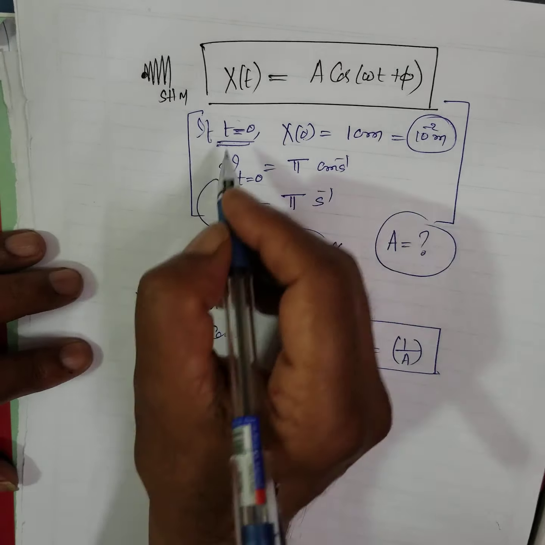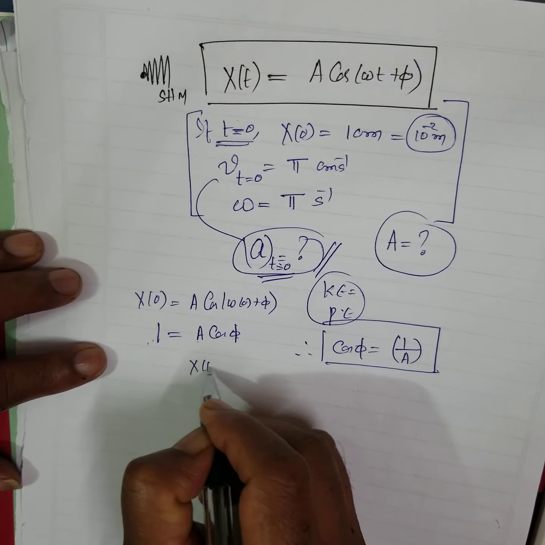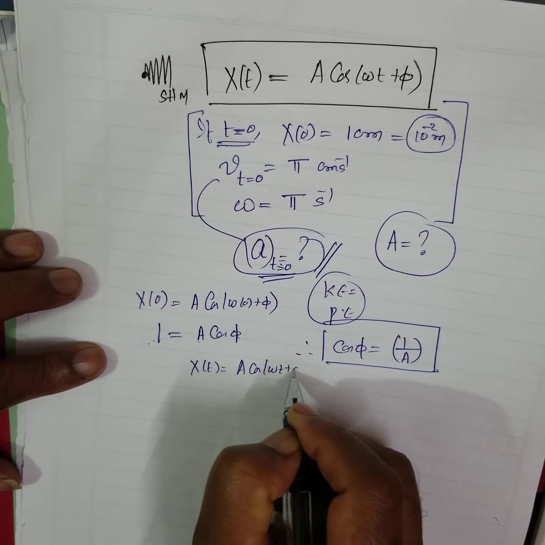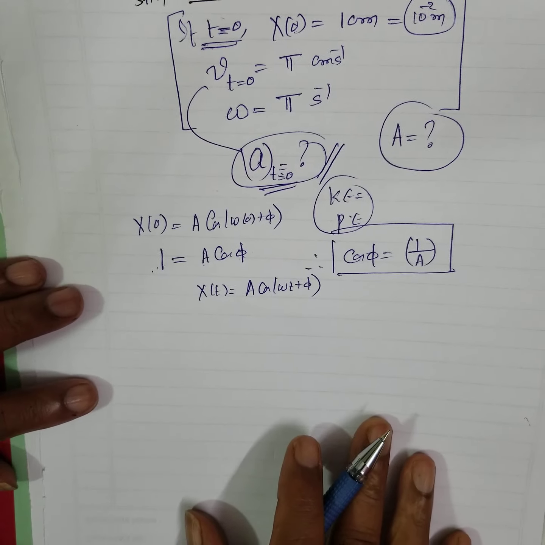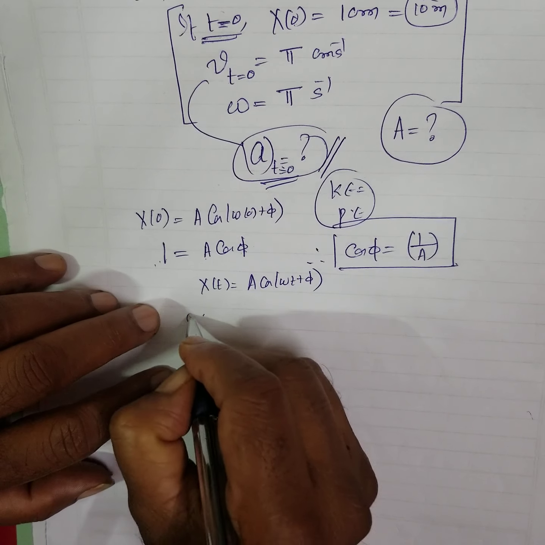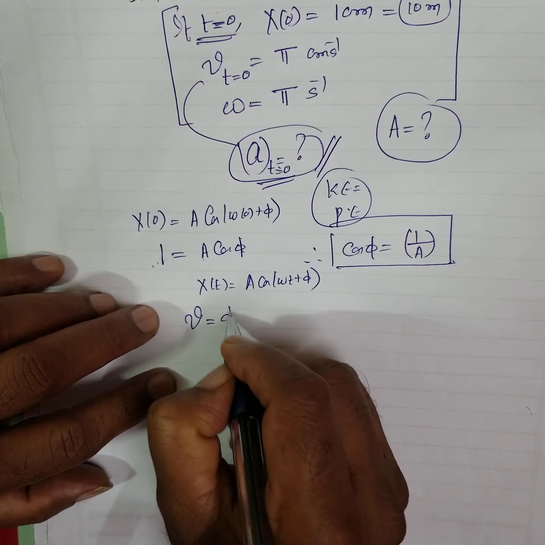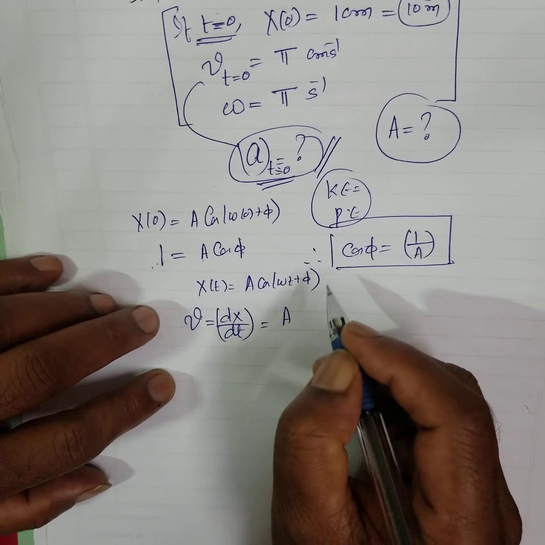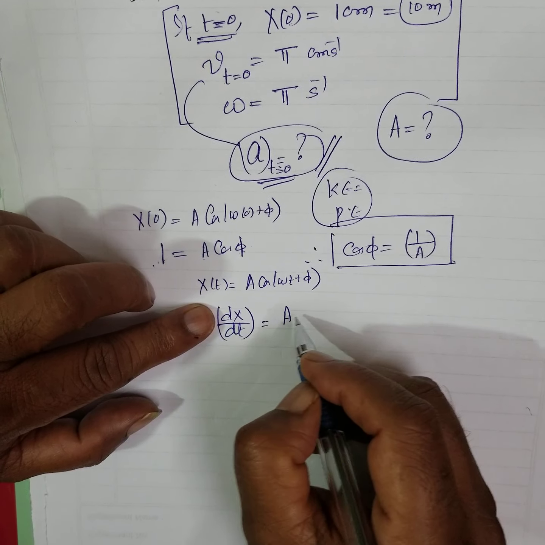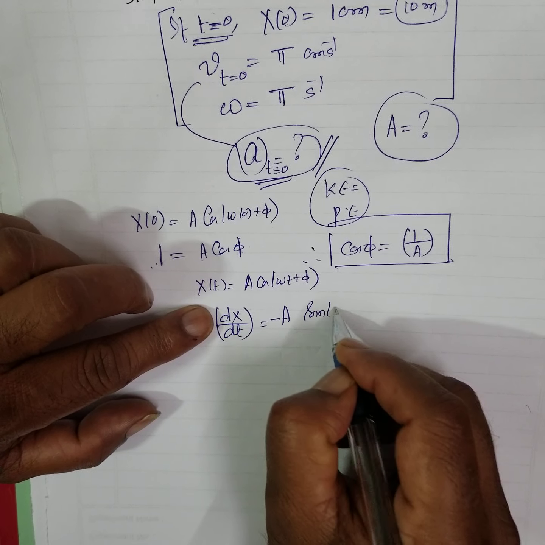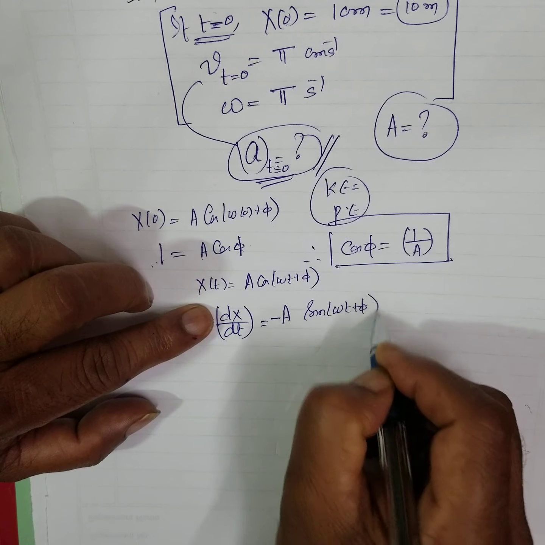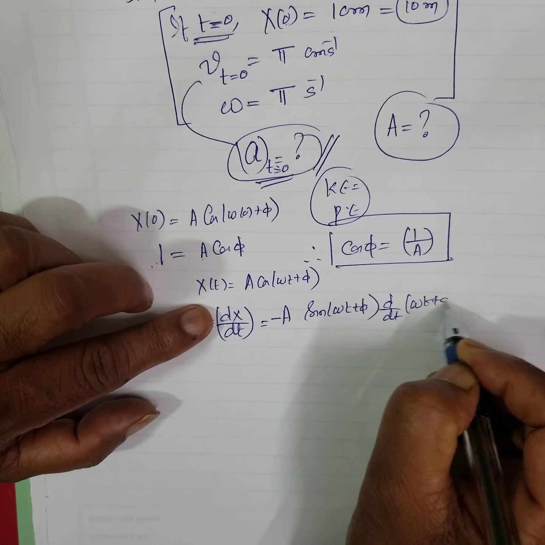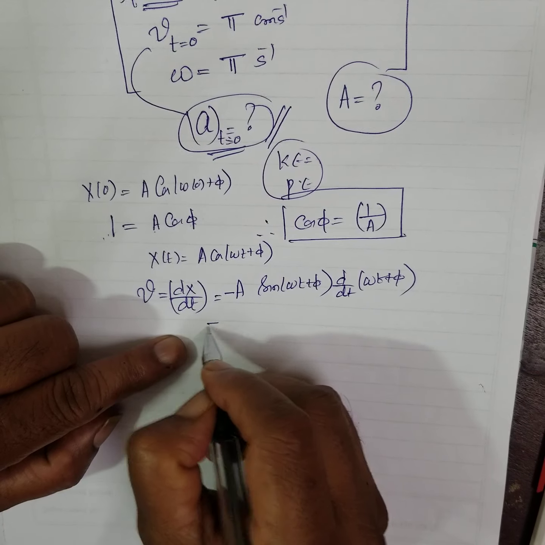Now, what is the velocity? You know, x of t is equal to a cos omega t plus phi. Now, how to calculate the velocity? Velocity at any instant is equal to dx by dt, that is equal to a times the differential coefficient of cos, which is minus sin omega t plus phi, into the differential coefficient of omega t plus phi, which is omega.